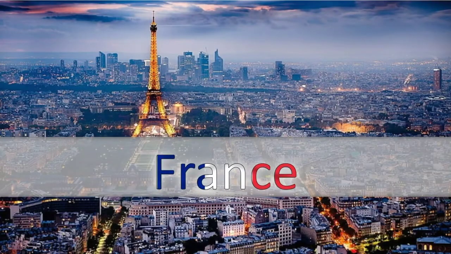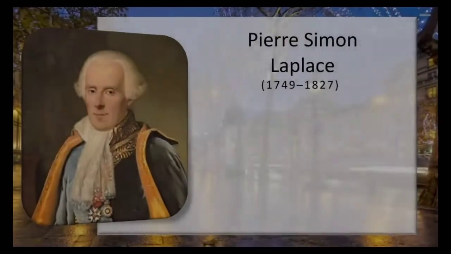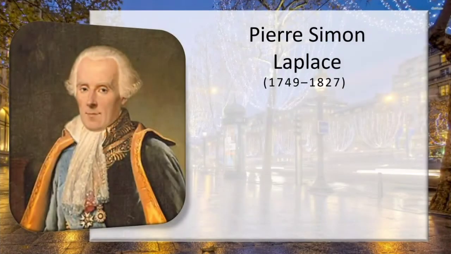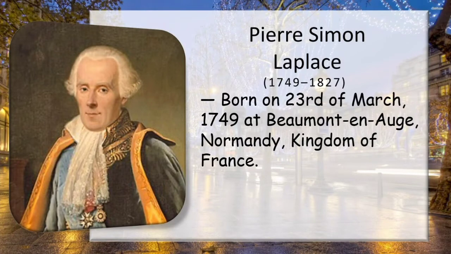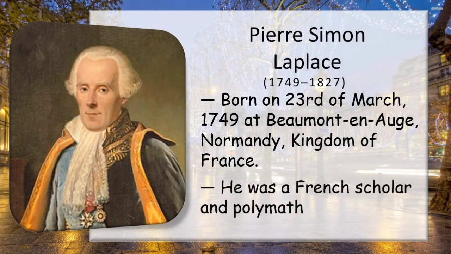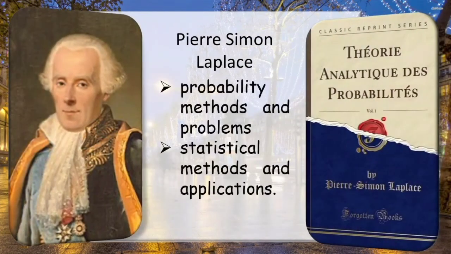Now, let's go to the country called France. One famous mathematician whose name is Pierre-Simon Laplace was born in this country on March 23, 1749. He was a French scholar and polymath. A polymath is a person whose expertise is not limited to one, but rather many branches of knowledge.